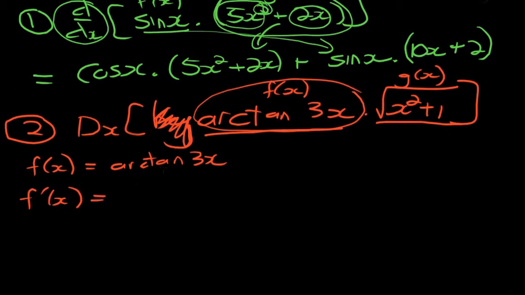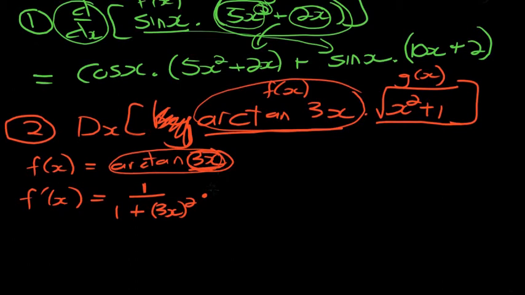Arc tan's derivative is just 1 over 1 plus x squared if there was an x, so you need to put a 3x squared in there, but then you multiply with this one's derivative. Remember, that was the chain rule, so you get the derivative of the big function and you multiply it with the smaller function's derivative, and the 3x derivative is 3. So the answer will be 3 over 1 plus 3x squared.